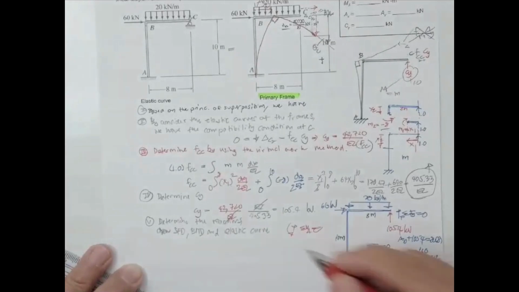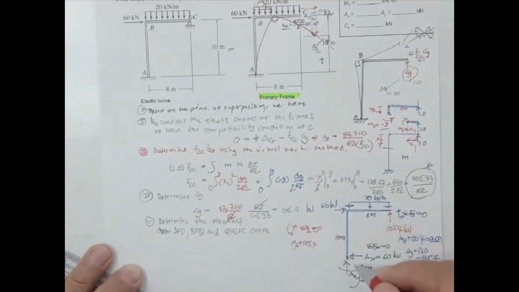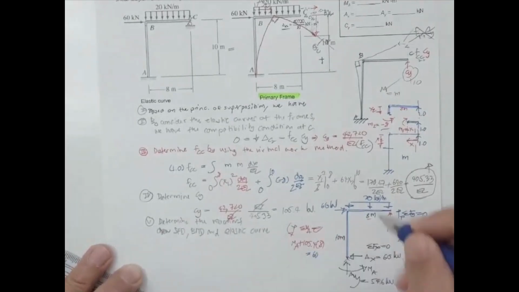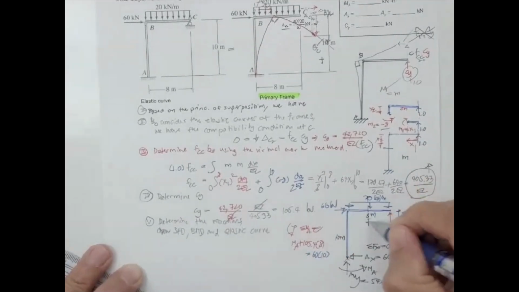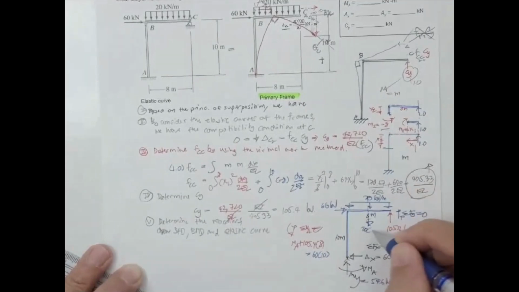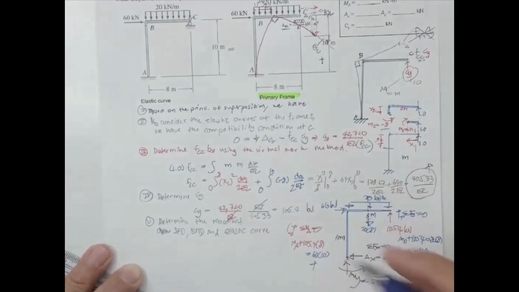And then you may do the summation of moment about A equal to 0. Take this as positive. M sub A rotates in this direction, plus 105.4 rotates in the same direction, times 8. And it's gonna be equal to 60 times 10, rotating in the opposite direction, and then 20 times 8 rotating in this direction, 160, times 4.